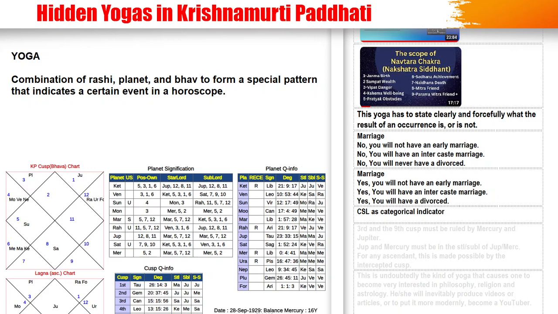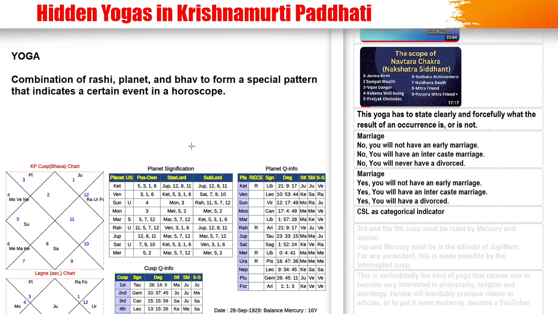So the next question is what happens to the scope of yogas in Krishnamurti Paddhati if the Cuspal Sub Lords are not taken into account in a birth horoscope. Then it obviously means that you have to rely on the cuspal chart and the planet signification. These are the only tools that you have.